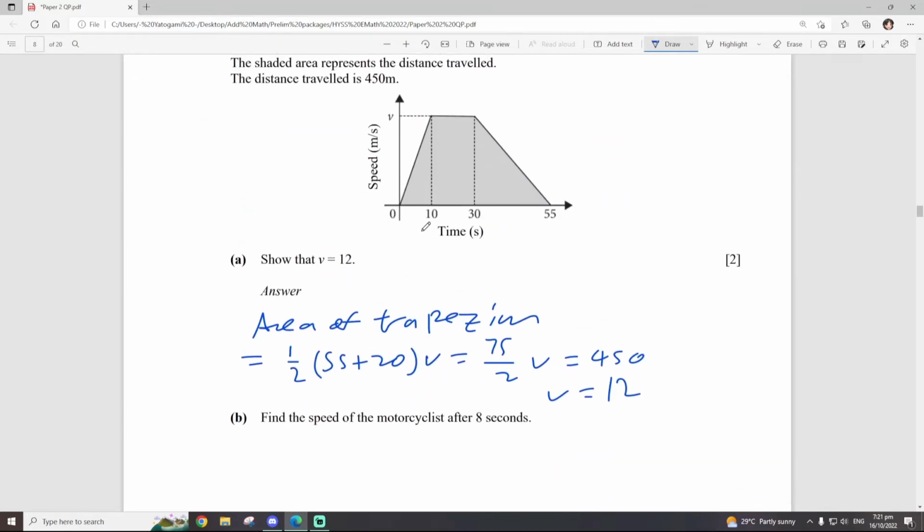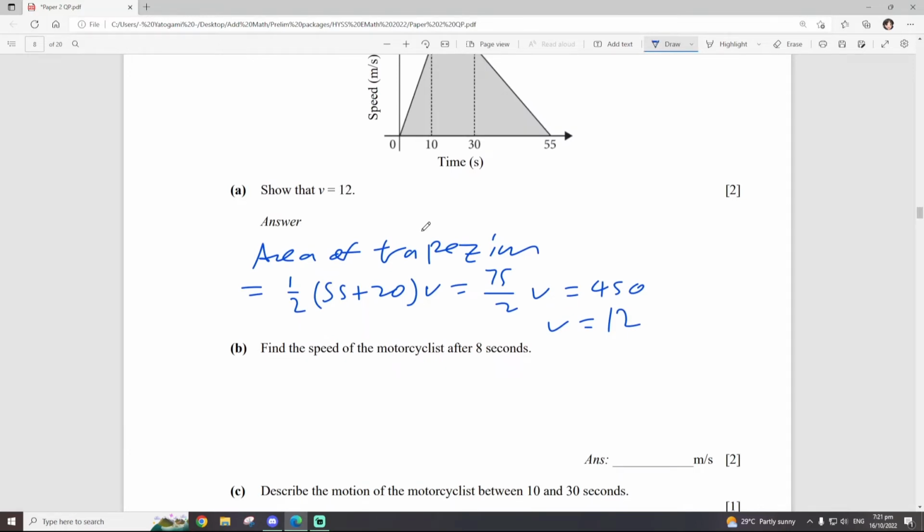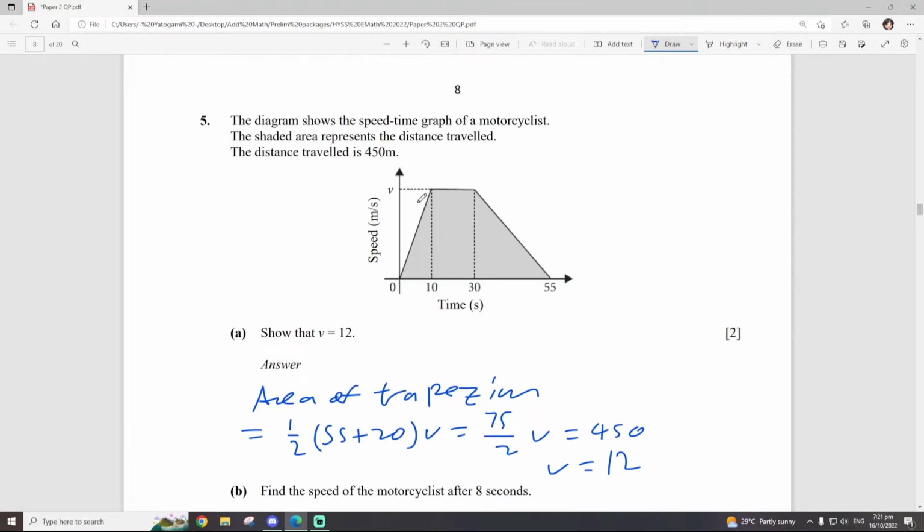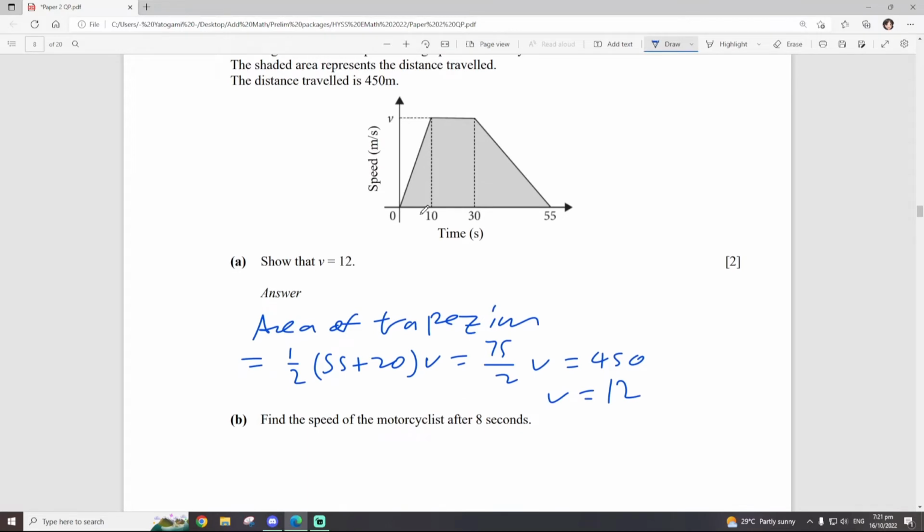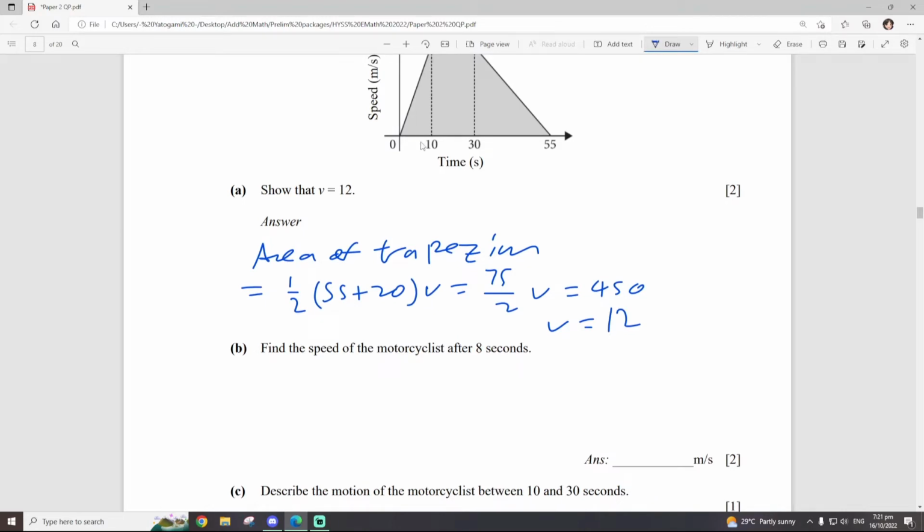Okay, find the speed of the motorcyclist after 8 seconds. Well, you just use similar triangles. 8 seconds should be 8 over 10 times 12 equals 9.6. I realized that when it's a contextual question, I should actually leave the answer as a decimal.